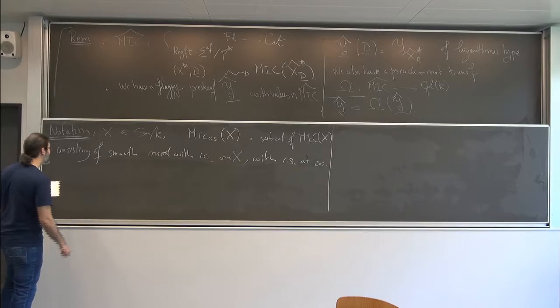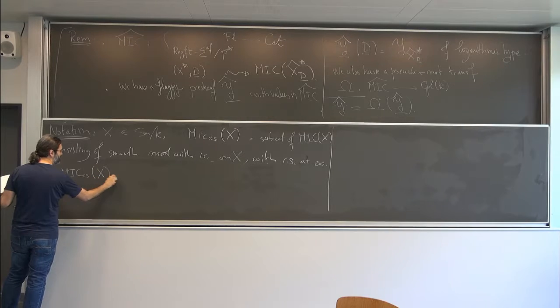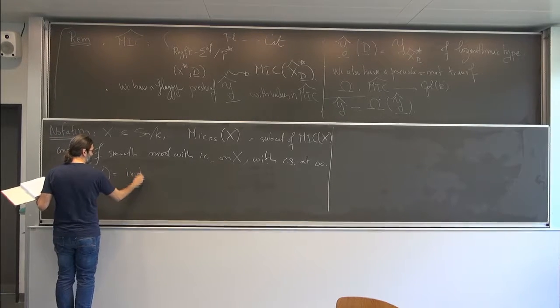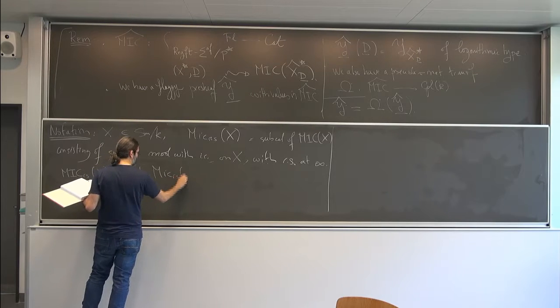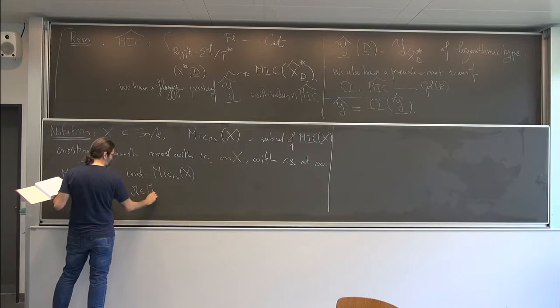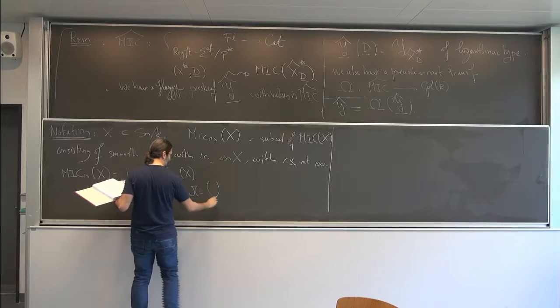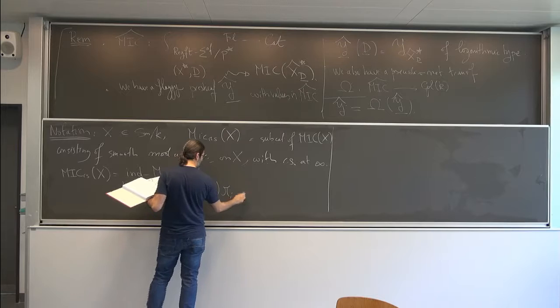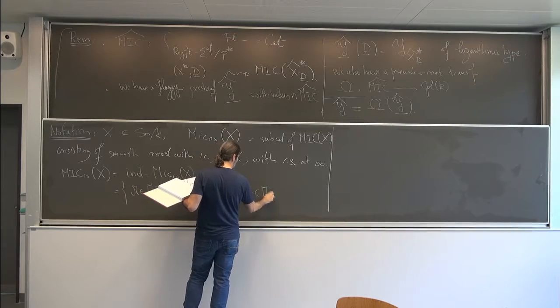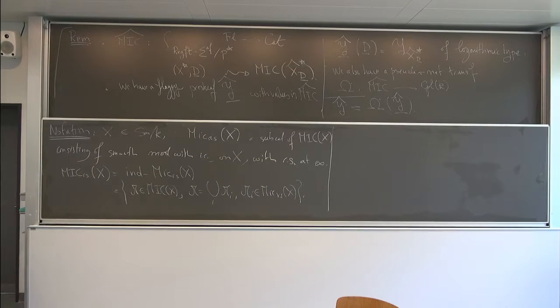And I also want to consider the big version of this. This is, if you want, the Ind category of the small one. You can think about this as objects in M of X which are a union of Mi, where the Mi are in the small one. So it's a module with integrable connection which you can write as a filtered union of its submodules which have regular singularities.